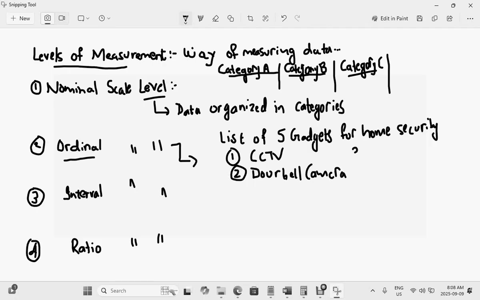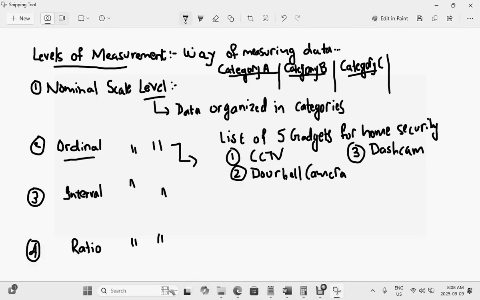Number three could be your dash cam on your car, which may also be used for home security, so dash cam for police reports, and so on and so forth. So this would be an example of ordinal scale level.